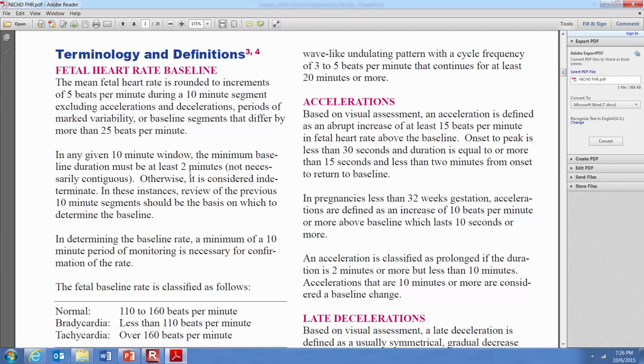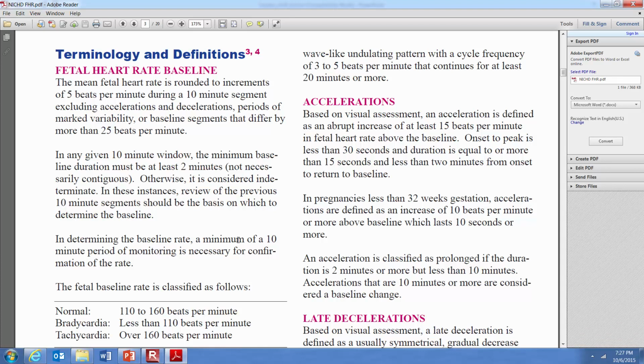So a baseline basically is from 2 to 10 minutes. We want at least 2 minutes of this tracing going across up to 10 minutes, okay? So that's kind of confusing, but you'll see why I pointed out 2 minutes and 10 minutes here in a minute, okay?